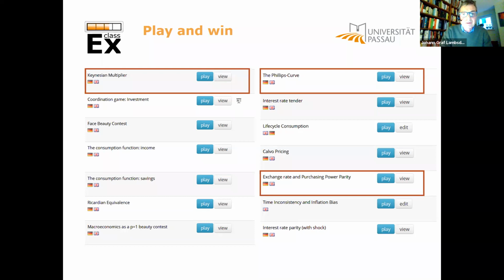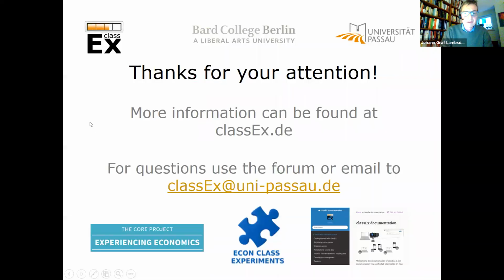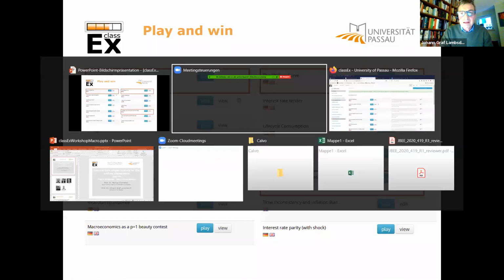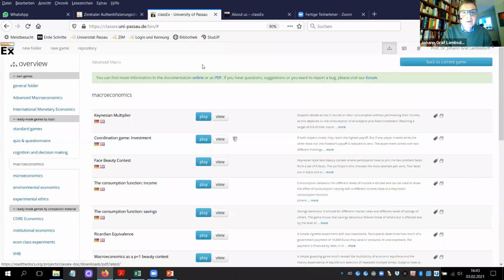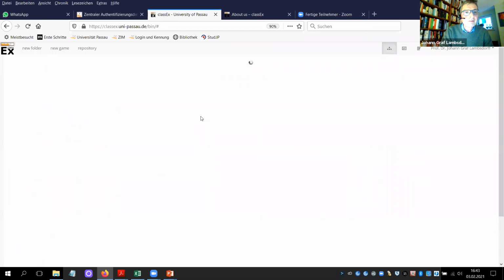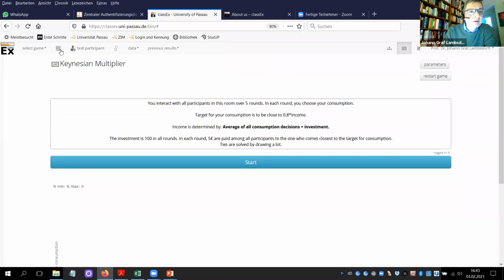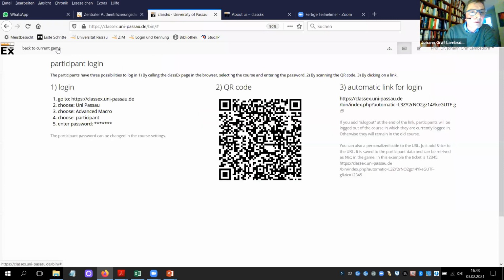And in order to do so, let me just have a look. No, okay. I will now open my classEx here, the Keynesian multiplier, and I have the QR codes, and I will just copy the QR code and send that to you.